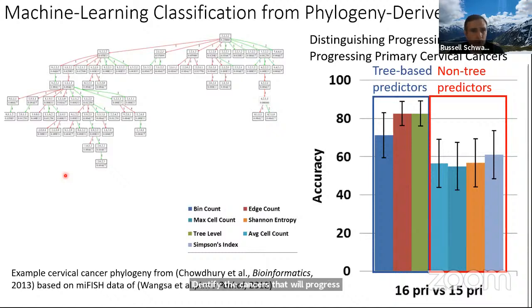And the short answer was that if we take information from the raw data that goes into building these phylogenies, basically different ways of slicing up the raw count data that we use to build the phylogenies, we do no better than chance in producing predictors of whether we're looking at a metastatic or a non-metastatic cancer.